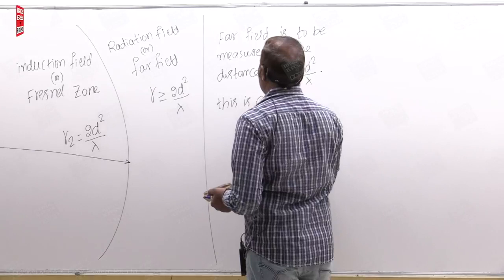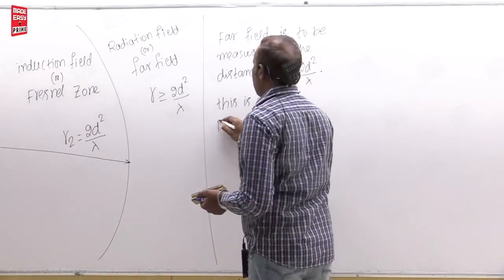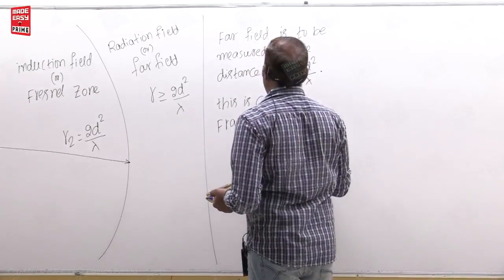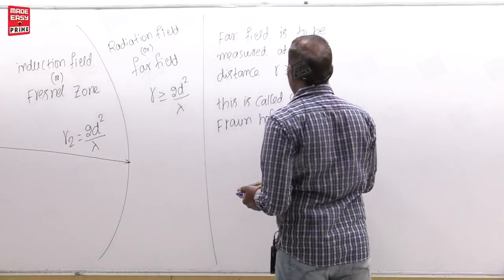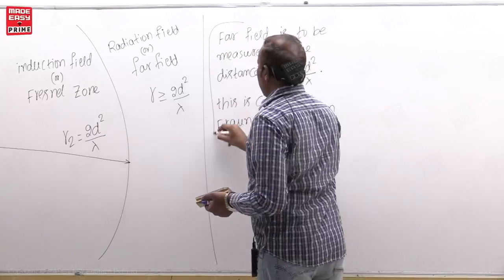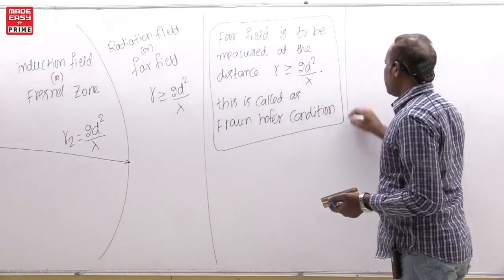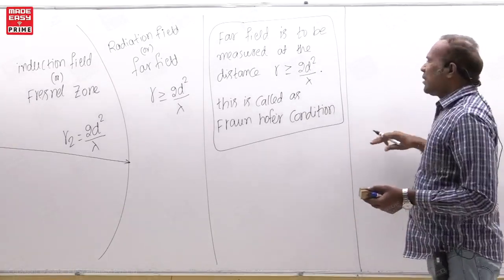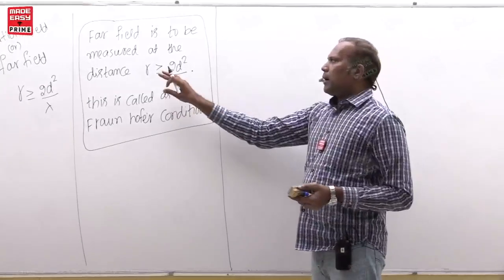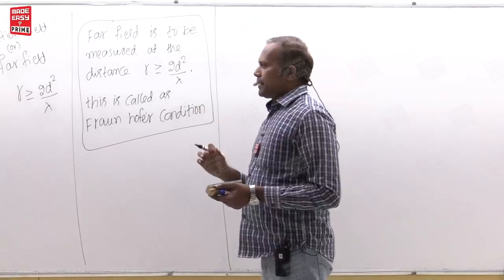This is called the Fraunhofer condition. Whatever discussions we do and whatever formulas we use from now onwards, they are all for the far field zone only.